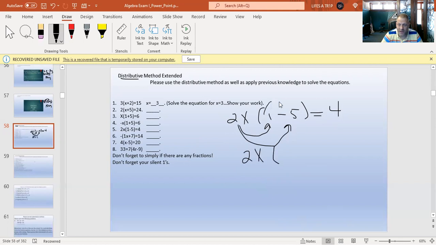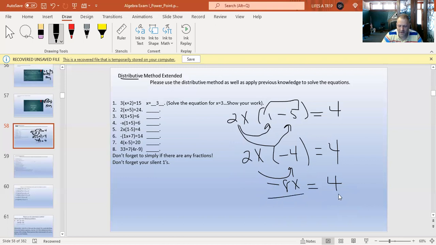And are these like terms? Yes, we can do negative 4 equals 4. And 2 times x, 2x, but 2x times negative 4 is going to be negative 8x equals 4.